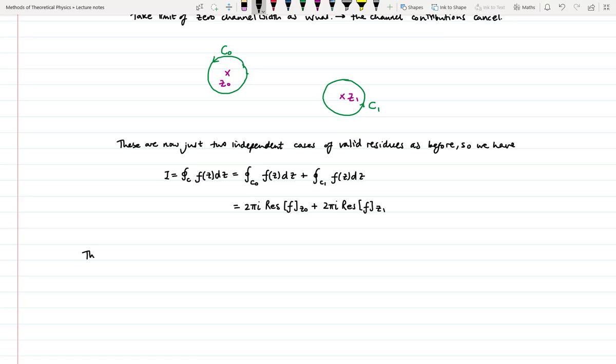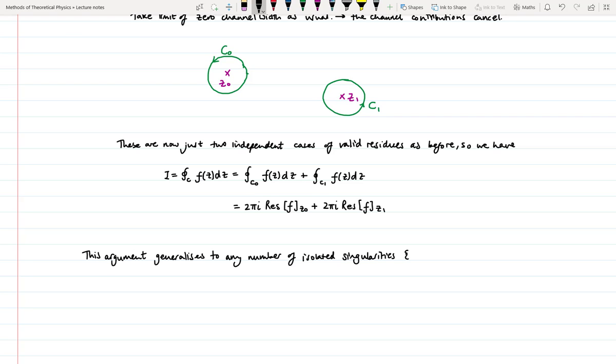I'll write here that this argument, namely deforming your contour and cancelling contributions along channels, generalizes to any number of isolated singularities.